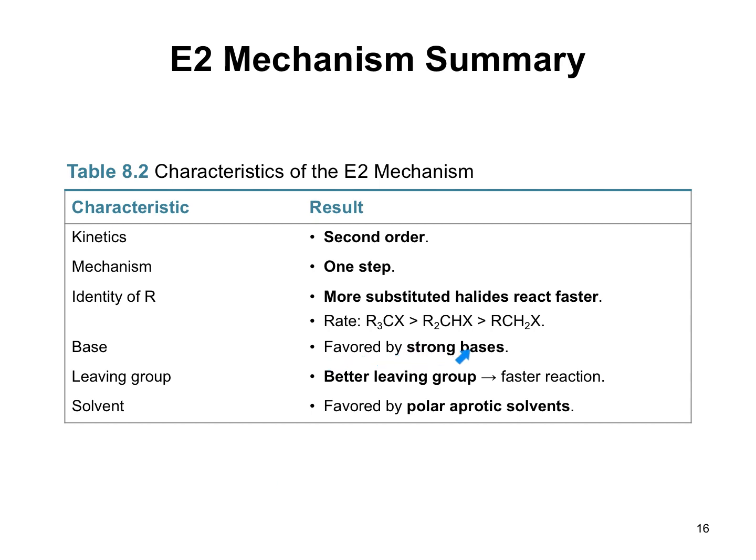They're favored by strong bases. The better the leaving group, the faster the reaction. So we saw that as the size of the leaving group increased, right? That would become a faster reaction. That's a better leaving group. And then the solvent, it's favored by polar aprotic solvents.